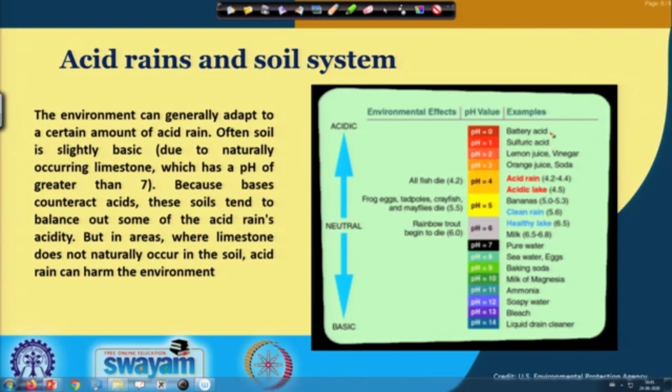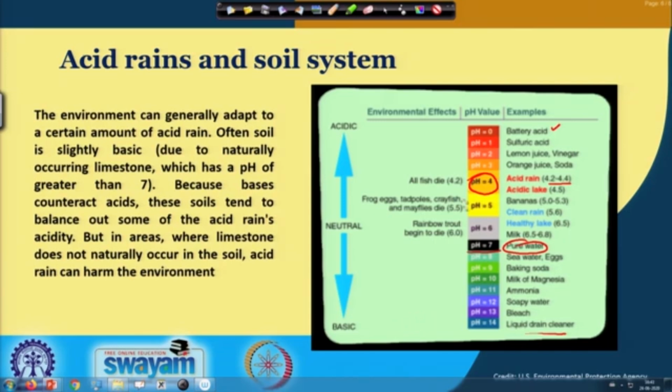We can see that battery acid, which is extremely acidic, has a pH of 0, whereas liquid drain cleaner, which is highly basic, has a pH of 14. pH 7 is the pH of pure water. If you consider acid rain, it has a pH that varies from 4.2 to 4.4, so basically near about pH 4.